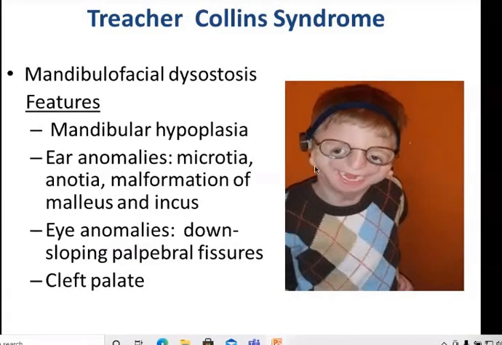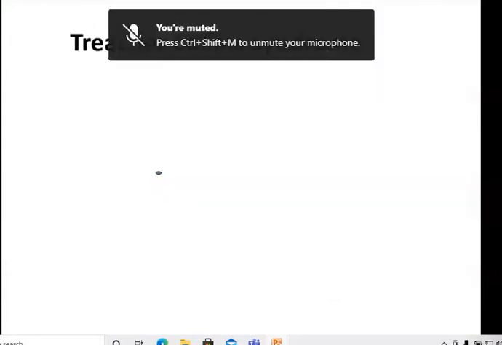So in first arch anomalies there will be deformity of the derivatives of the first arch: the mandible, maxilla, and ear, with microtia, anotia, and malformation of malleus and incus. You can even see eye anomalies like downsloping palpebral fissures, and the associated finding can be a cleft palate. So this is Treacher-Collins syndrome.